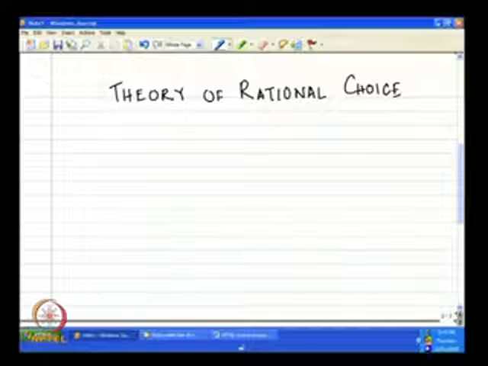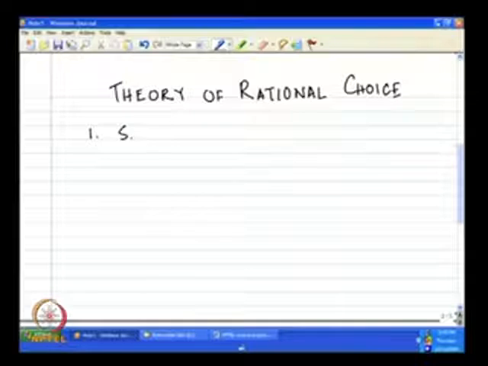But what does it say? Let me just briefly try to explain what this theory of rational choice says. It says that in any situation, every decision maker has a set of actions available to him, and this decision maker, or what we shall say as economic agent maybe, will take that decision that is best for him according to his preferences.